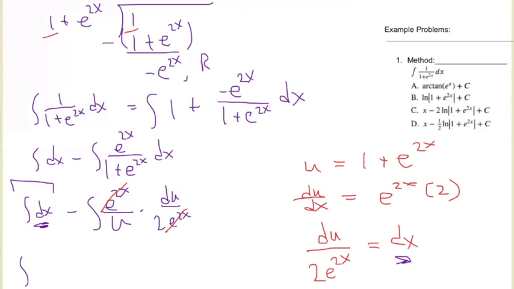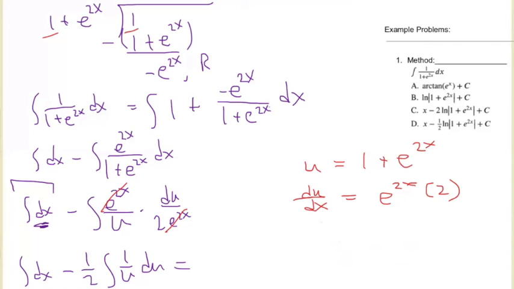We have the integral of dx minus 1/2 the integral of 1 over u du, which is going to be, again, I'm running out of room here. Let's get rid of all this. What we've got is x minus 1/2 the ln of u plus c, and u is this.